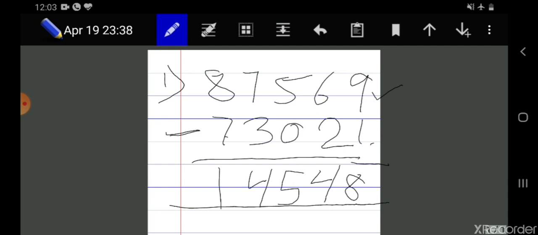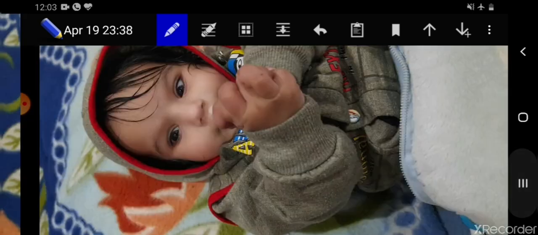So the answer is 14,548. Simple subtraction without any borrowing. So this is the first question.